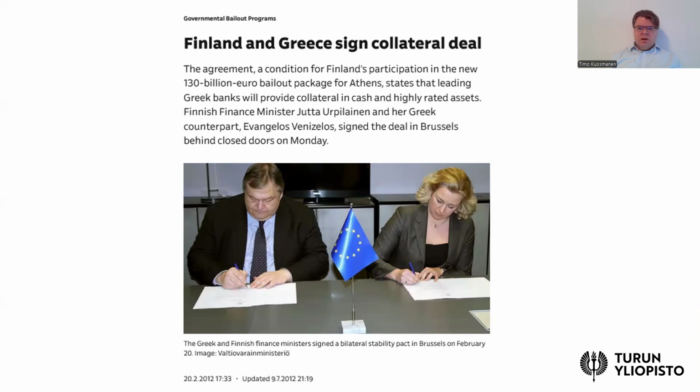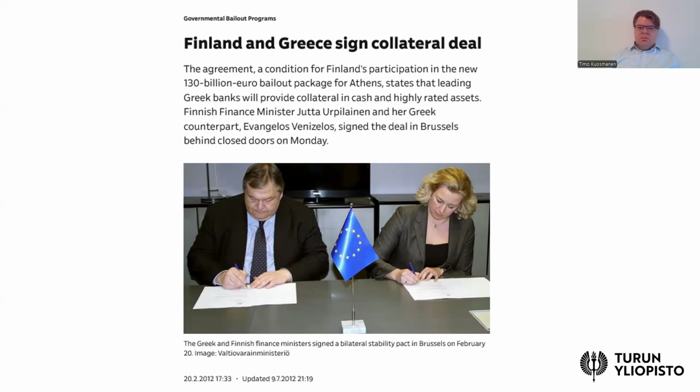So here in Finland, this Greek bailout package was also very much opposed by the public, because the sentiment in Finland has always been that one should pay its debts, and Finland had this great pride of its clean history, that it never defaulted on any credits.